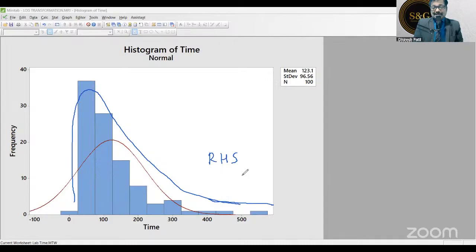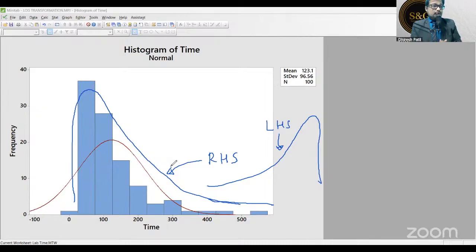If the tail is extended on the left hand side like this, then it is called a left hand skewed distribution. So this is left hand skewed and this one is right hand skewed. Are you clear? Wherever there is an extension of this curve, that is the skew, so this is a right hand skewed distribution.